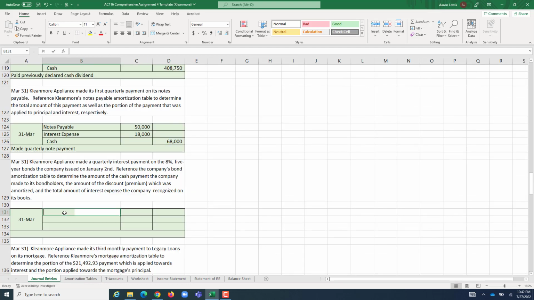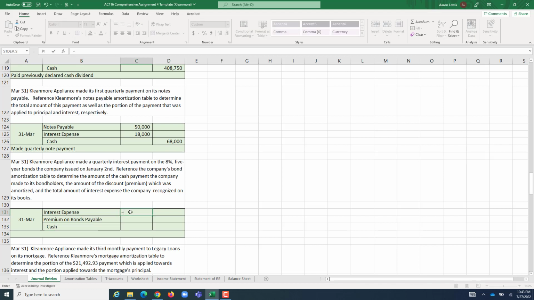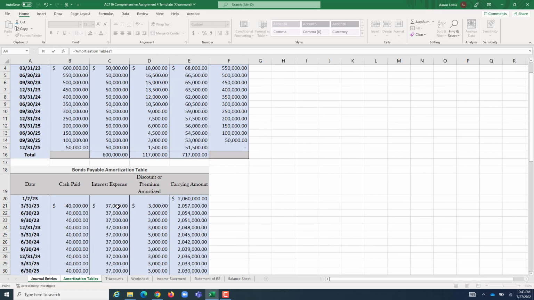So if I go back over here, let's just go and set that up. We have interest expense. We have premium on bonds payable. That account went on the books with a credit, so to reduce it, we're going to have to debit it. And then lastly, we need to reduce our cash. And the numbers you can go and find on your table. Interest expense is equal to the $37,000.